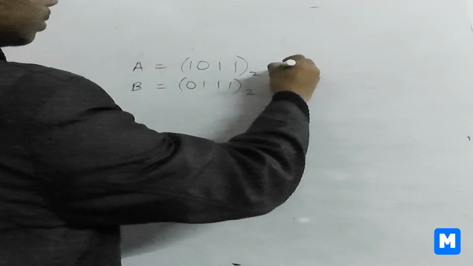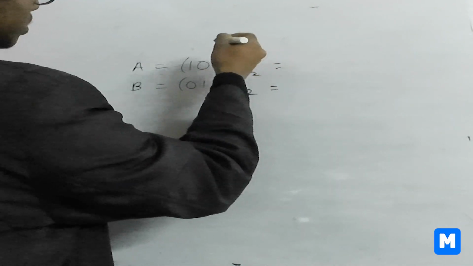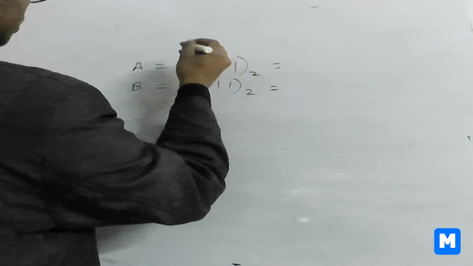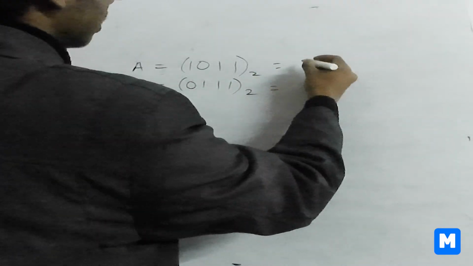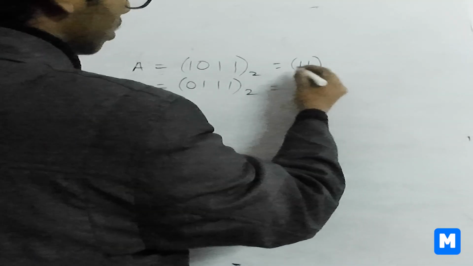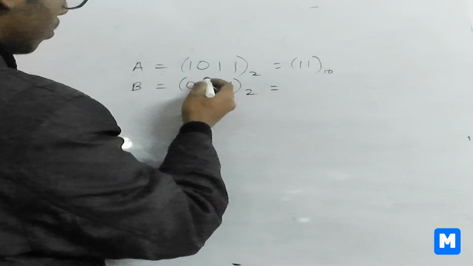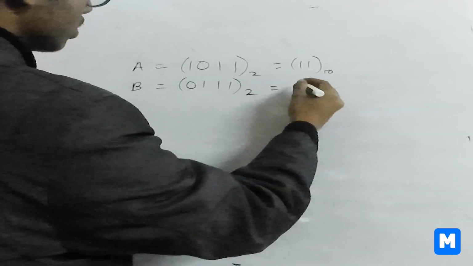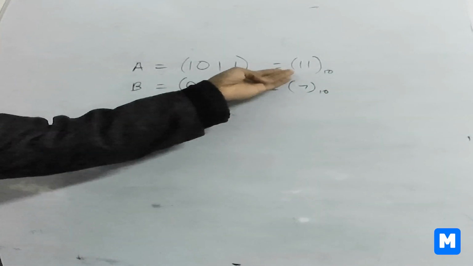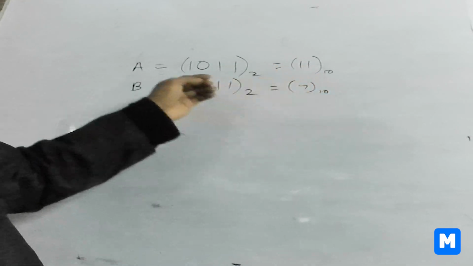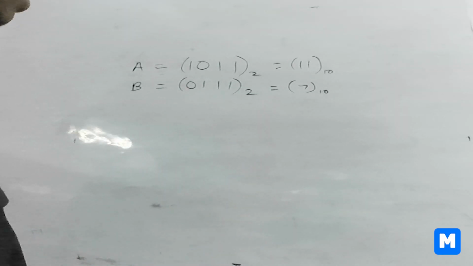This is 1 plus 2 plus 8, so 8 plus 2 plus 1, which is 11 in the decimal system, and this is 4 plus 2 plus 1, which is 7 in the decimal system. So we are going to add 11 plus 7 in the decimal system, which is 1011 plus 0111 in the binary system.